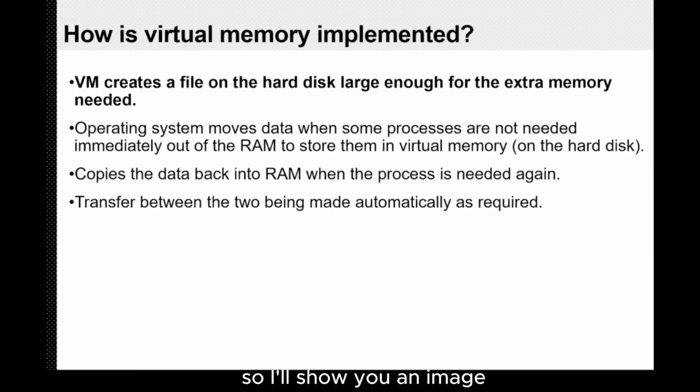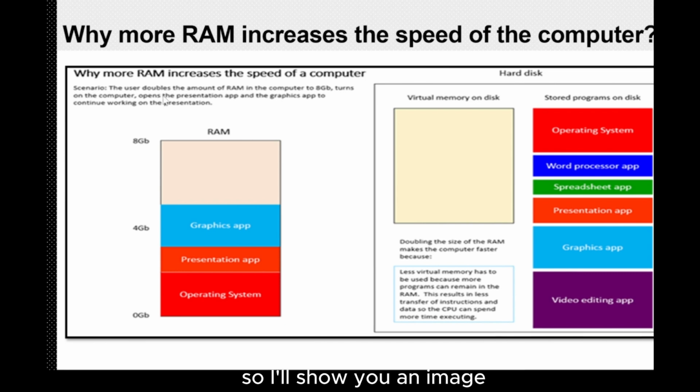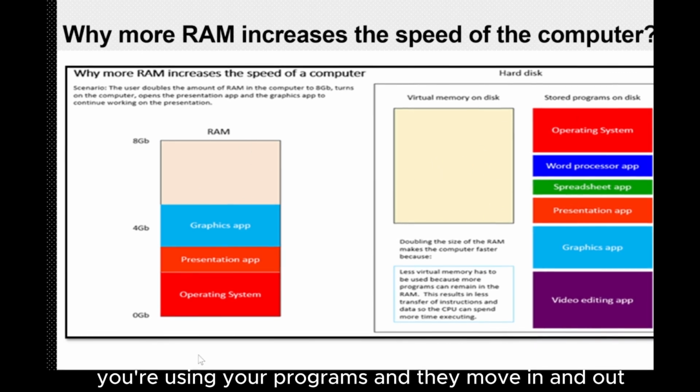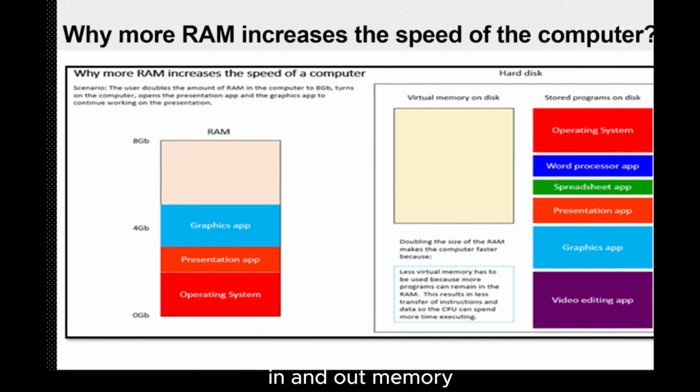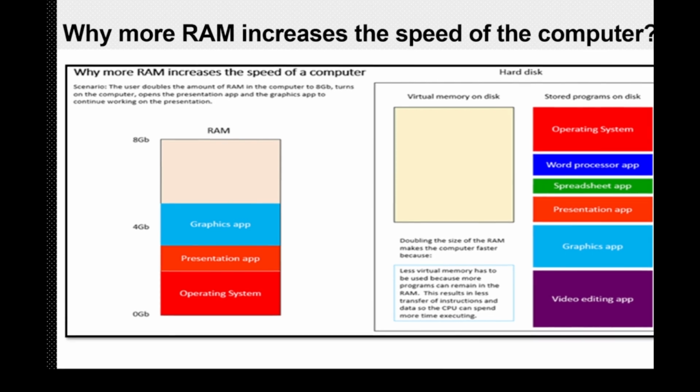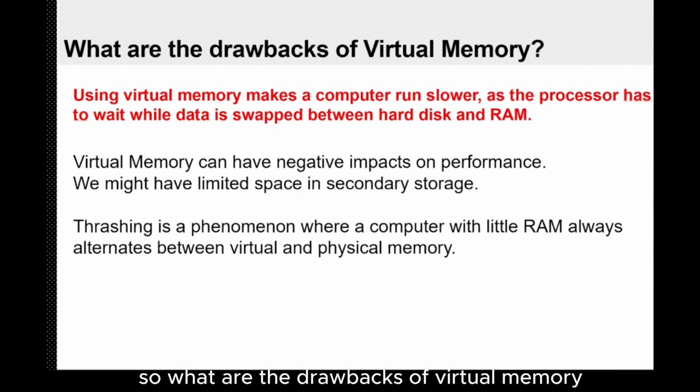So I'll show you an image. You can clearly see here you've got your hard disk, and there you've got your virtual memory. You're using your programs, and they move in and out of memory. So, what are the drawbacks of virtual memory?